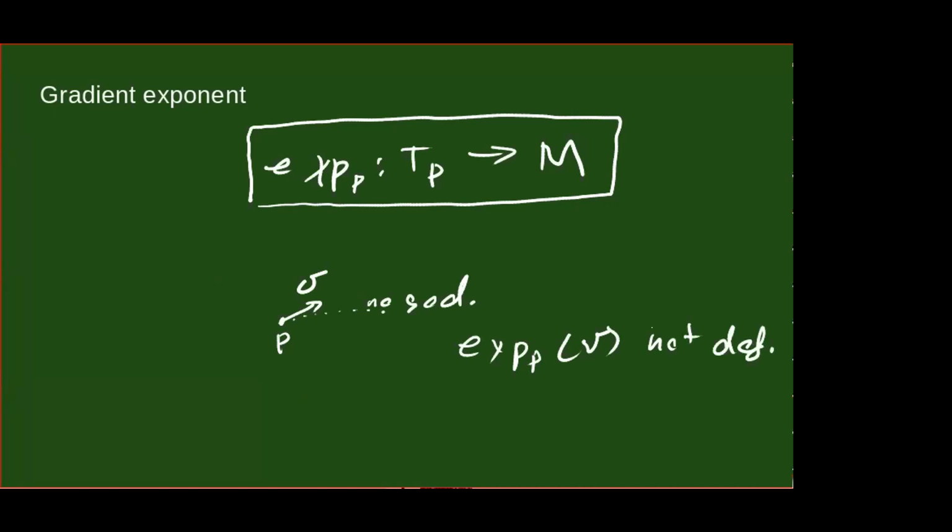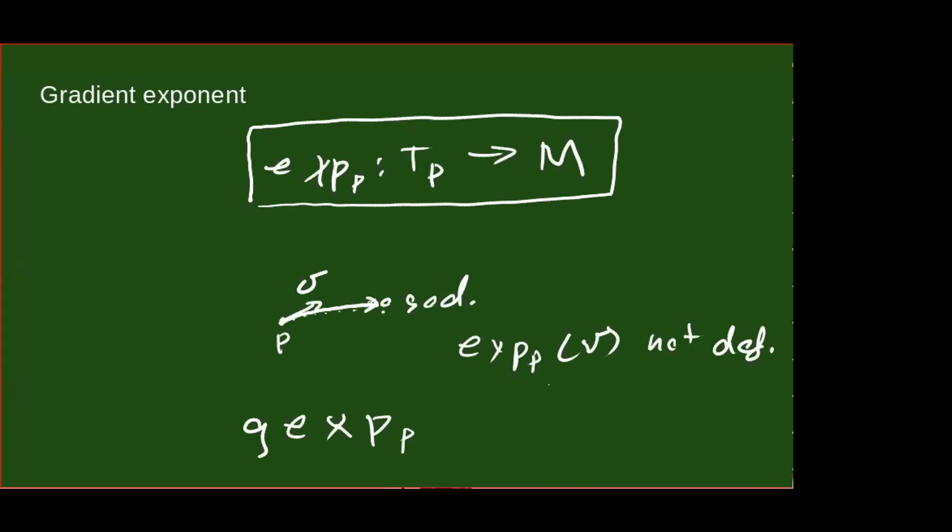But still you want to go in this direction, and still you want to make it as nice as possible. So you want a curve that goes in this direction and pretends to be a geodesic as close as possible. And the gradient exponent, which is usually denoted this way, is a good solution for this.